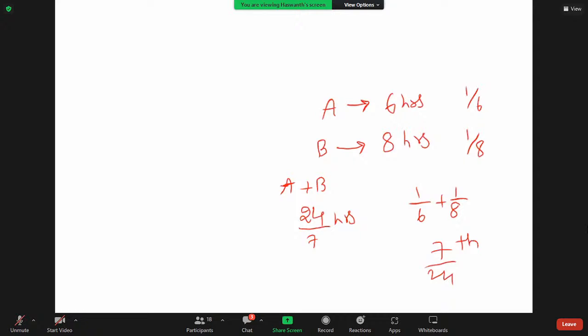So you should know the approach. But in direct questions, you can also employ the formula. If you simply say A takes 6 hours, B takes 8 hours, both working together will take how much time?